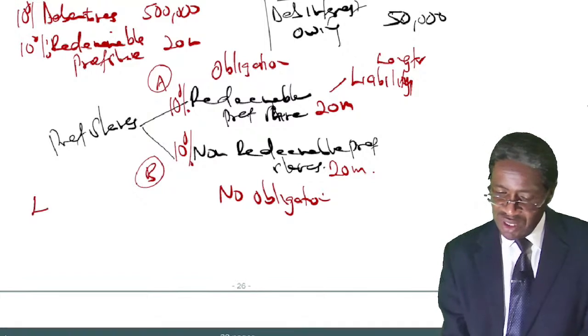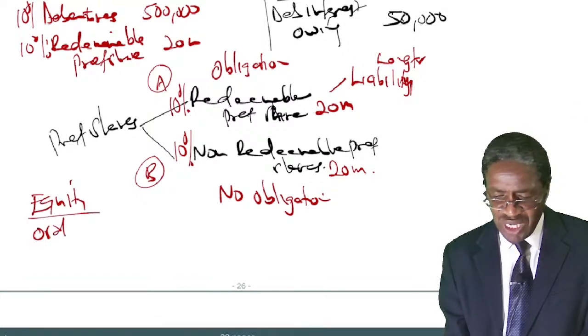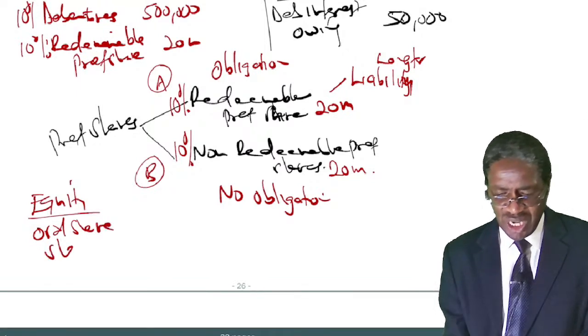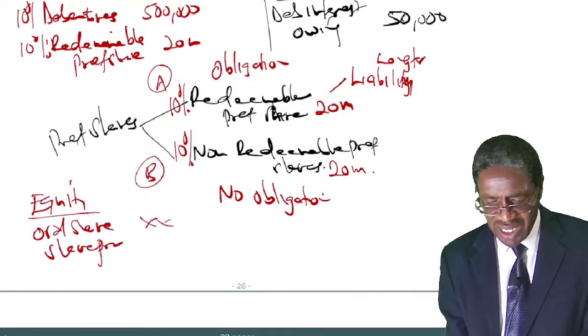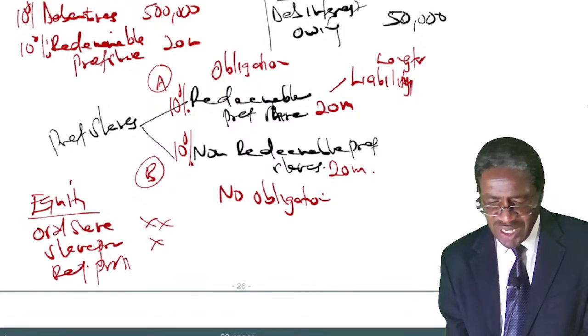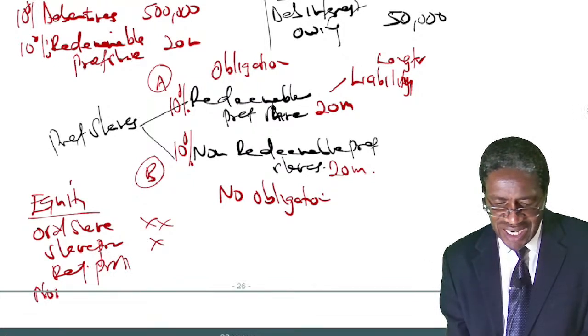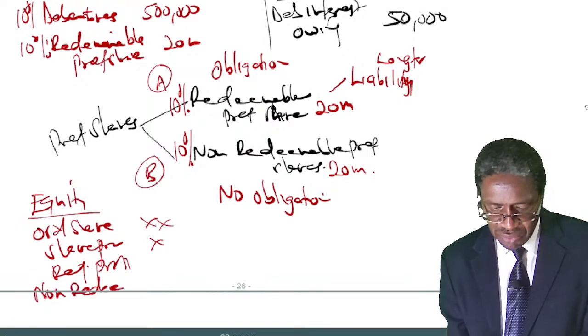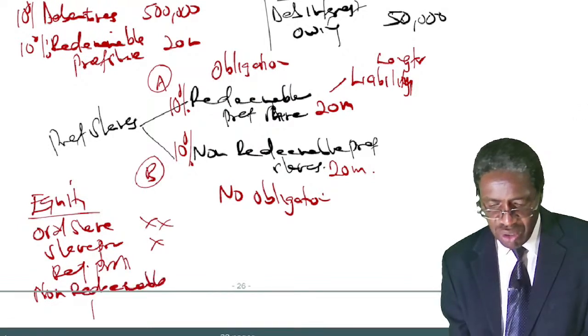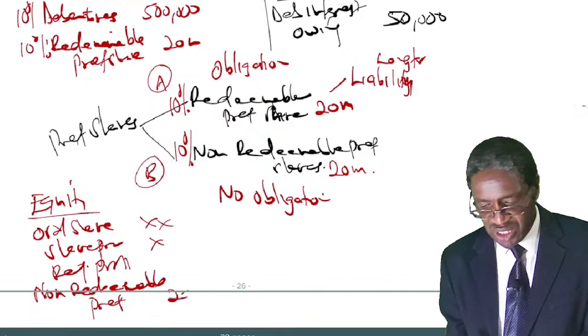So for them, where you have capital, which is among the equities, where you have ordinary share capital, share premium, retained profit, there in the balance sheet you can now bring in the non-redeemable preference shares worth 20 million.